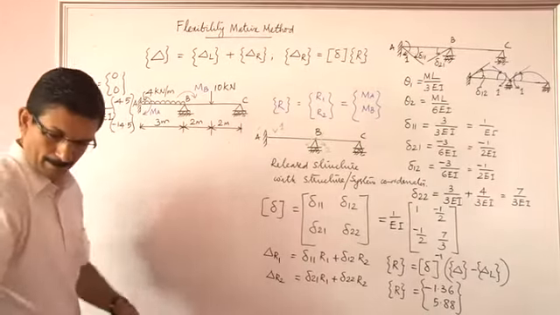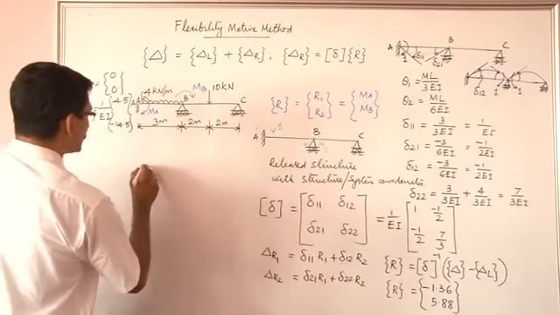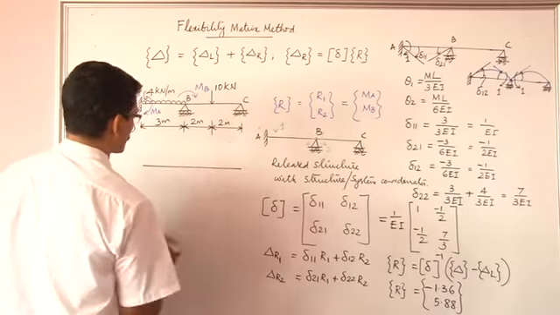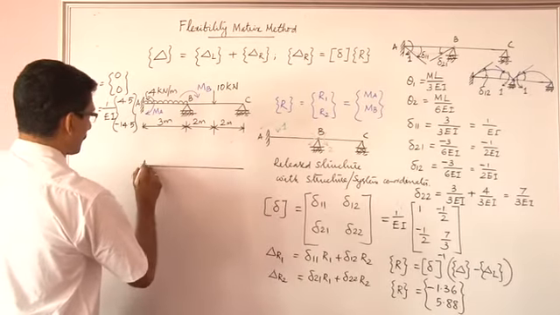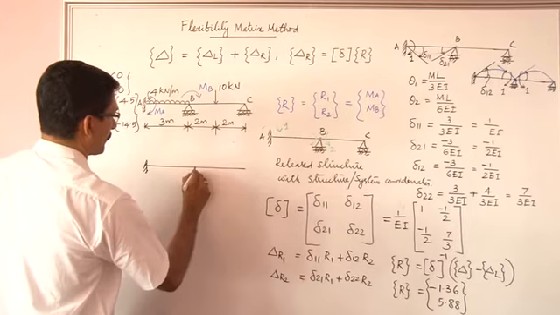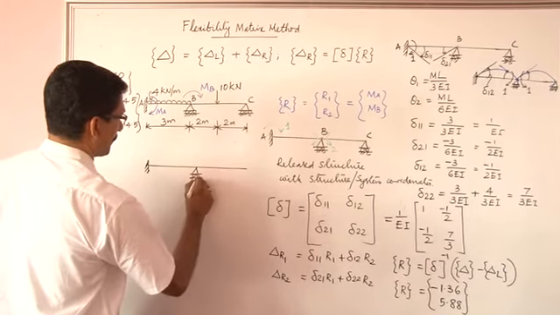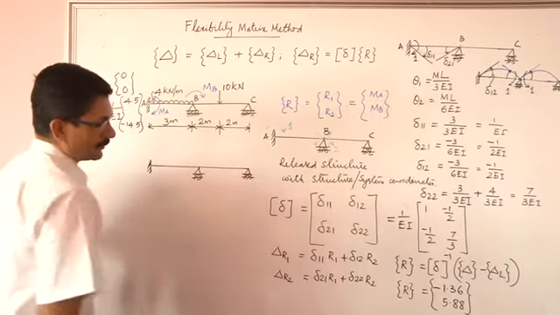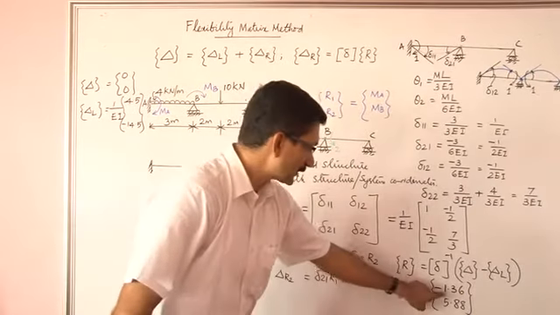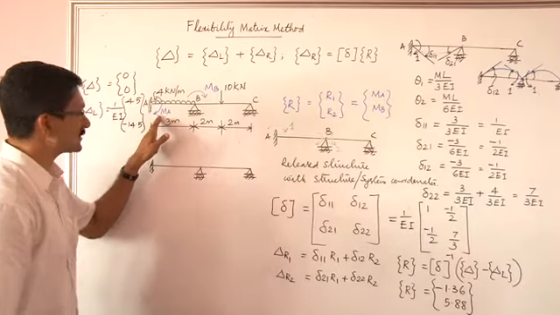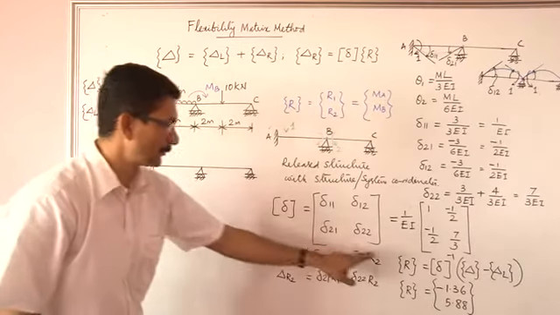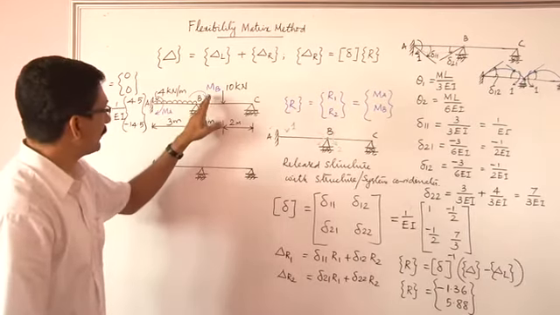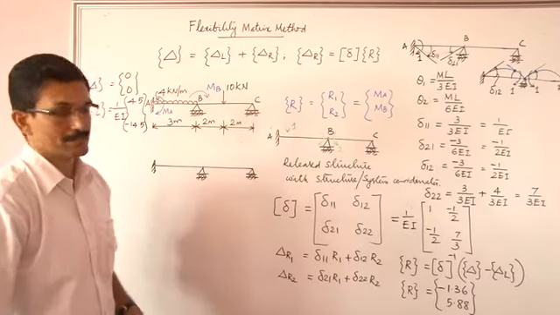Now, to interpret this, let us go back to the original beam over here. Minus 1.36 is the moment at this end. MA will be equal to minus 1.36 and MB will be equal to 5.88.